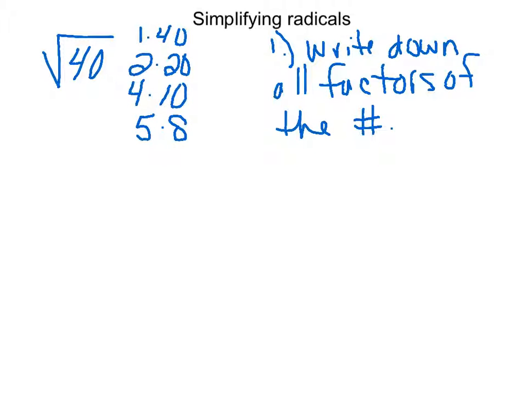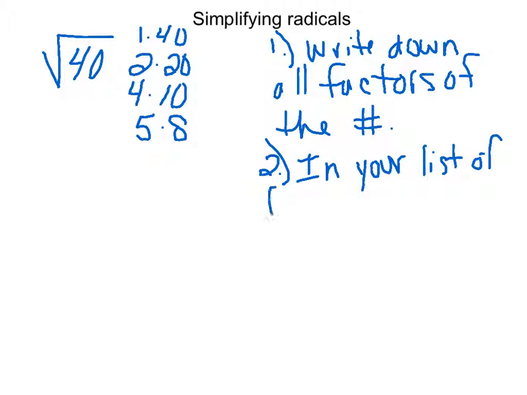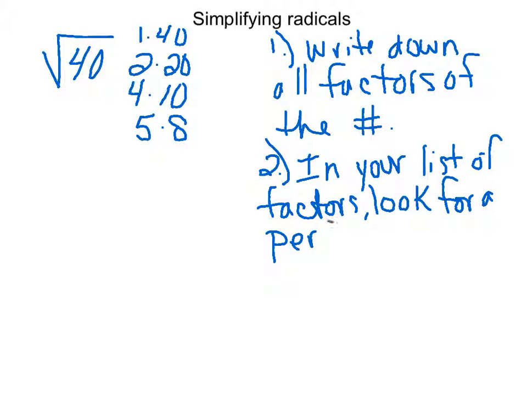What we want to do is look at this list of factors, and we want to look for a perfect square bigger than 1. So that would be step 2. In your list of factors, look for a perfect square bigger than 1.